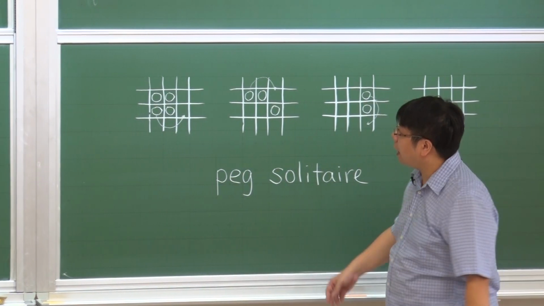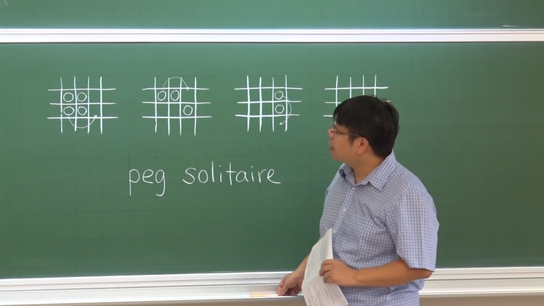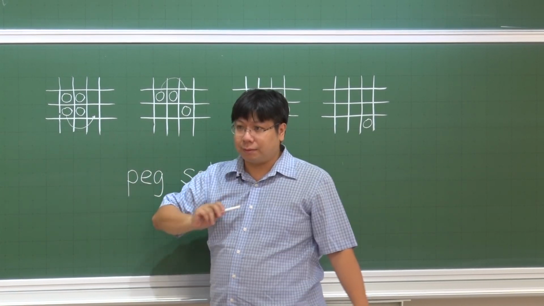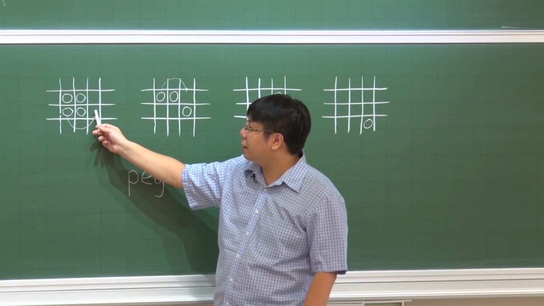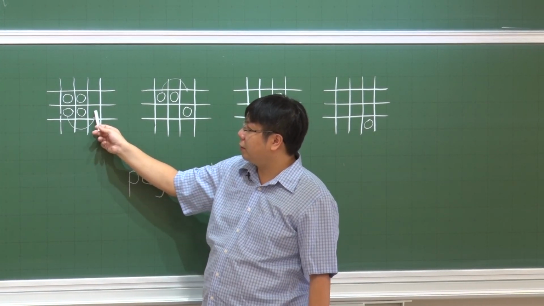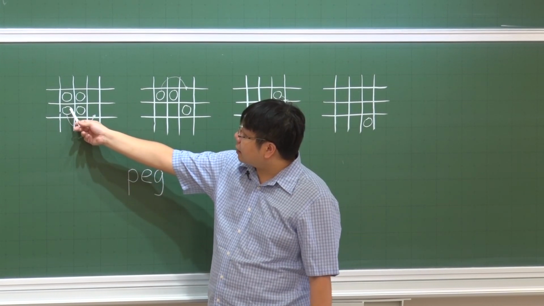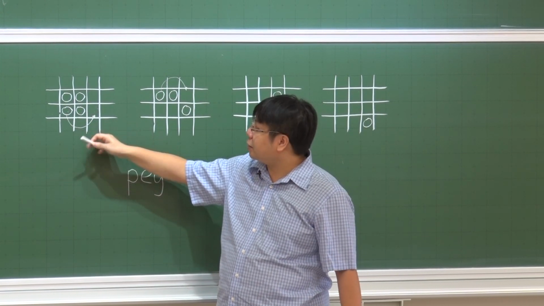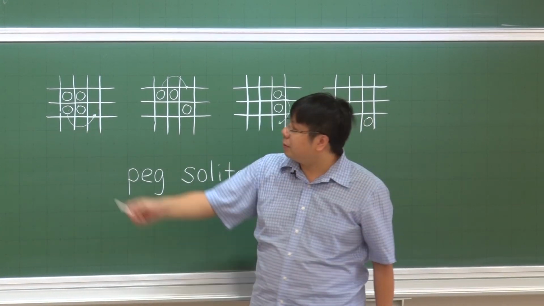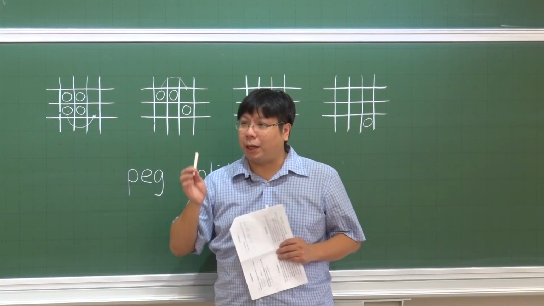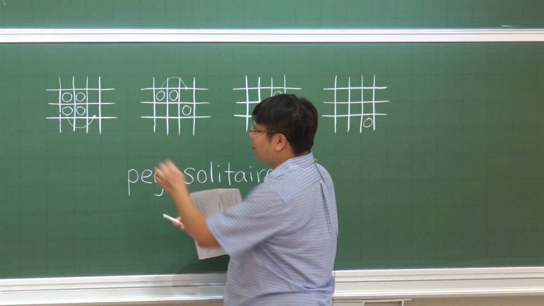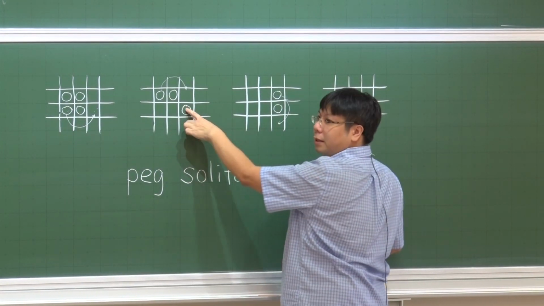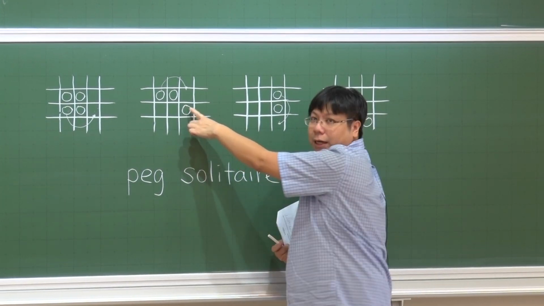In this solitaire game, we can move pieces around such that if there are 2 pieces adjacent to each other, and there is an empty square adjacent to them on either side, then one piece can jump to that location, and the piece in the middle that is jumped over is taken away. If I jump this piece here, then we take this away, and this piece becomes located at this location.